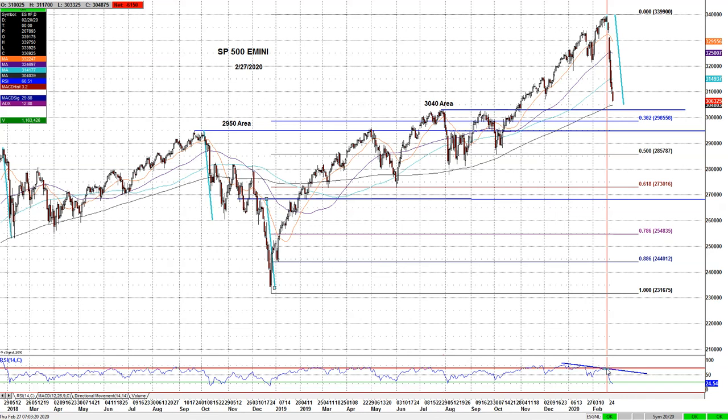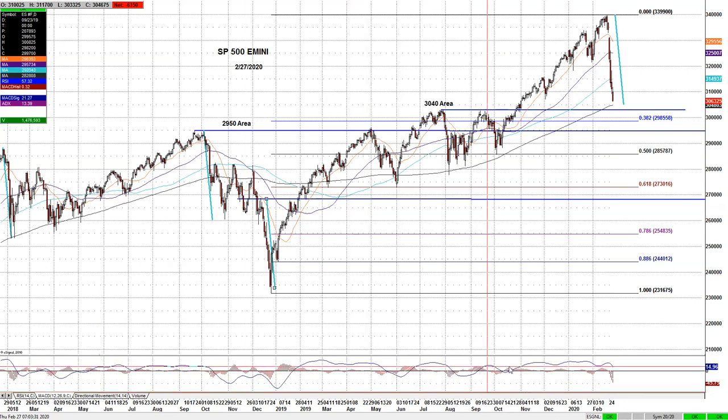There were divergences of the breadth had started to diverge. There were divergences on other oscillators, like for instance this MACD, divergences on that. Now we have momentum lows to the downside on our MACD.